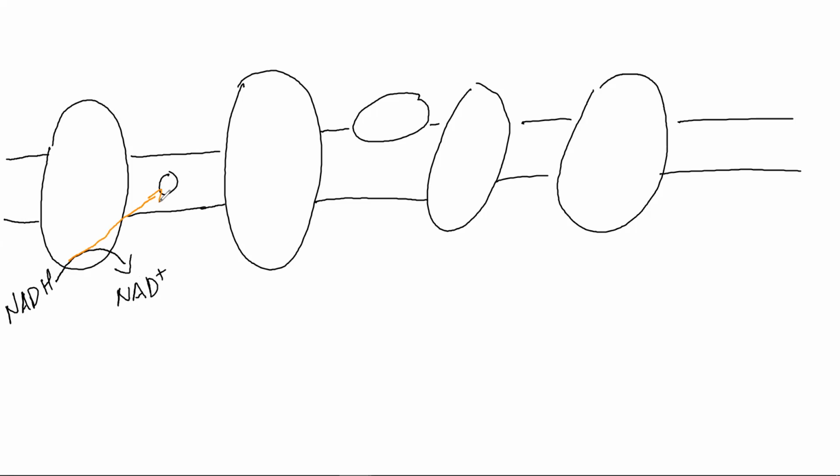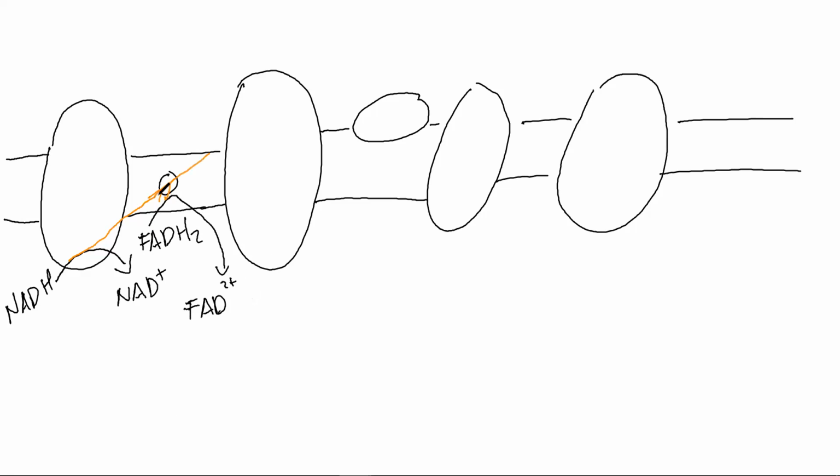And also at this protein, FADH2 is also going to show up. It's going to hop in, and hop out as FAD, and it's also going to give off its electrons into here.